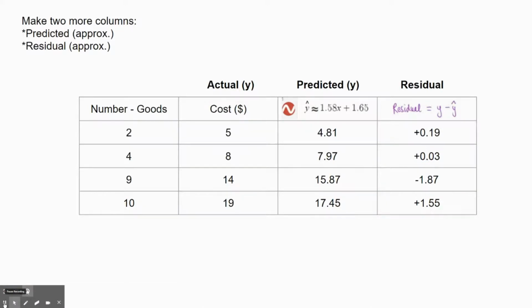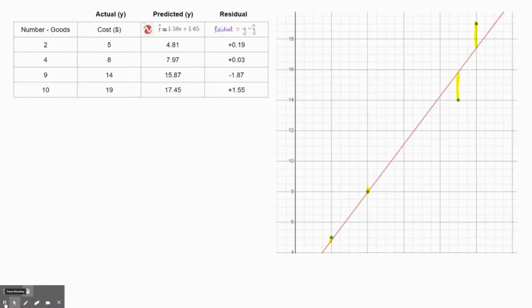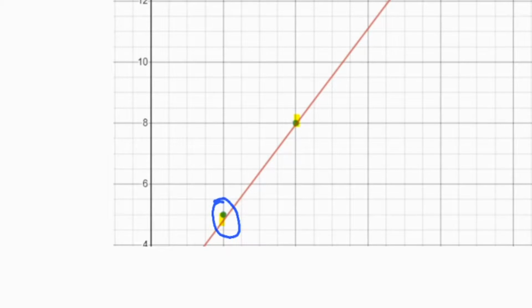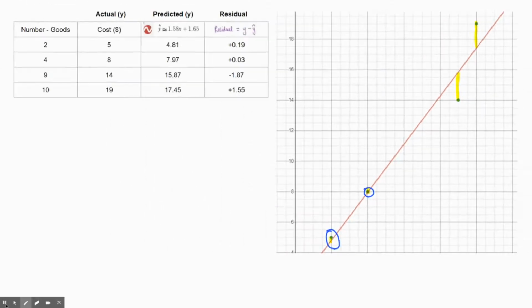Repeat the same process for the number of goods being 4, 9, and 10, and you get the rest of the residuals in this data set. Now notice that the first 2 residuals are very small. In fact, when you zoom out, you can barely see that 0.19 right there. And this one was barely above the regression line at 0.03.